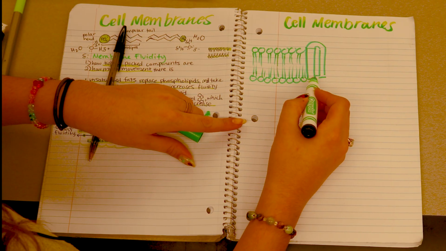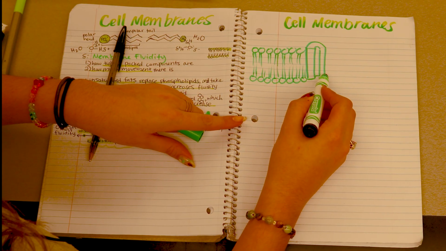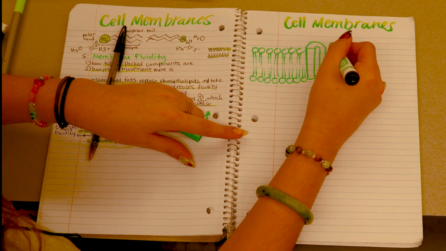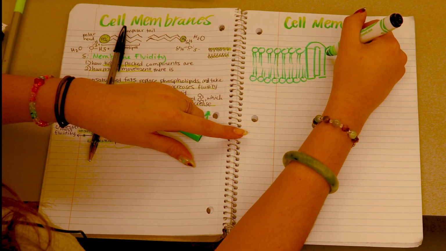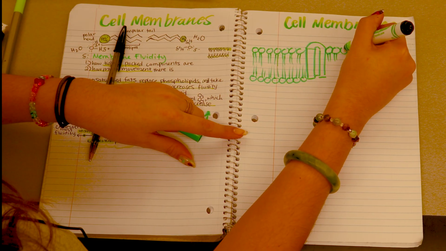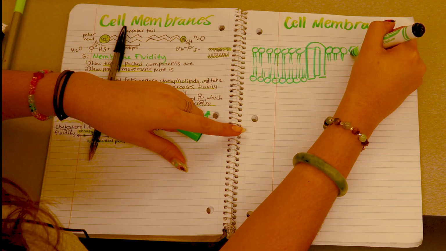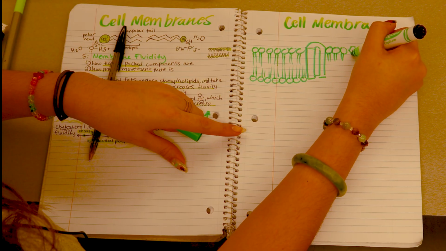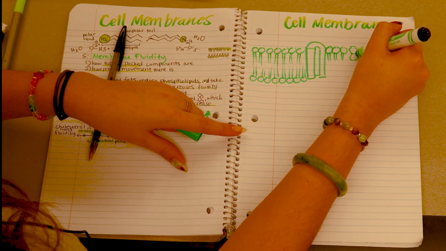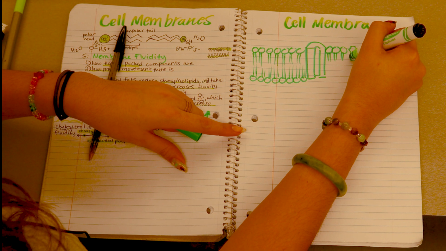Okay, so this is a protein in the cell membrane. Bet you didn't know that could happen, but it can. But we still have more phospholipids going on. And then maybe we have cholesterol. We'll draw it correctly, except actually not really.